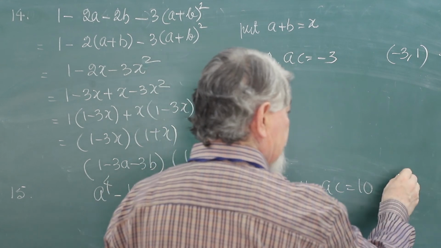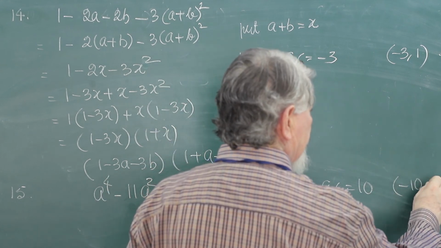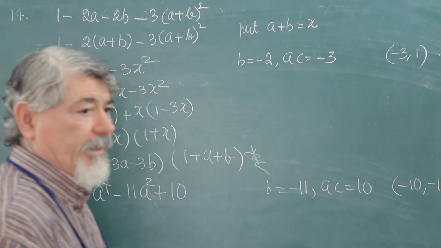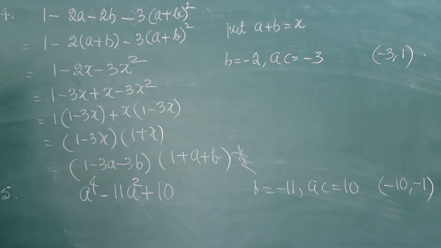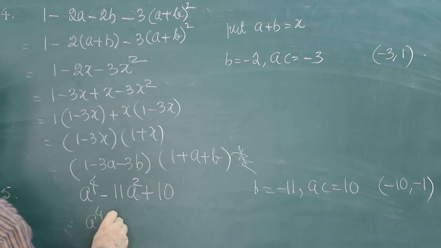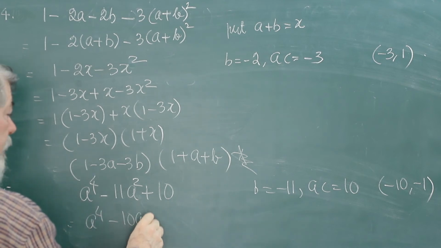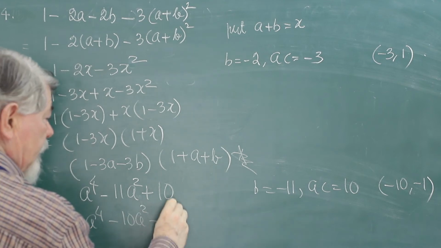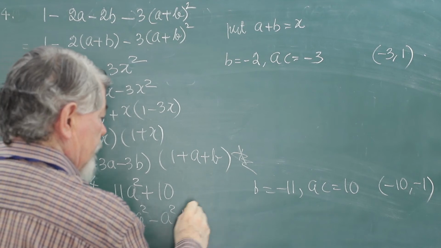I will split minus 11 as minus 10 minus 1. It will become a to the power 4 minus 10a square minus a square plus 10.